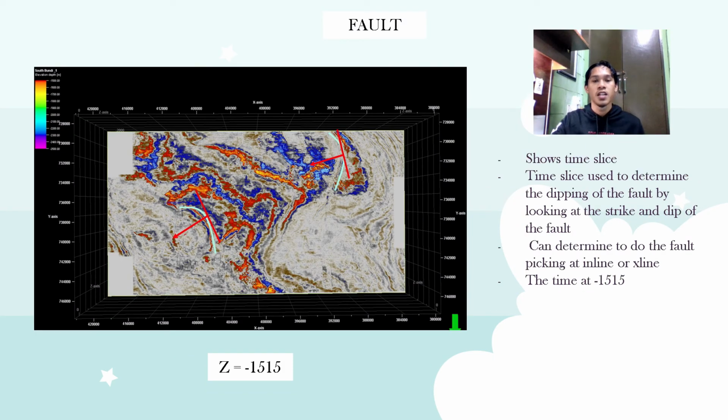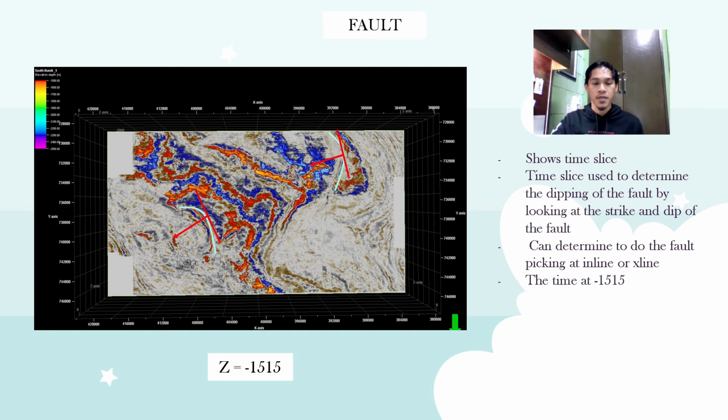Next, this slide shows the time slice for the fault. This time slice is used to determine the dipping of the fault by looking at the strike and the dip of the fault. Then we can determine how to pick the fault, either on inline or crossline.